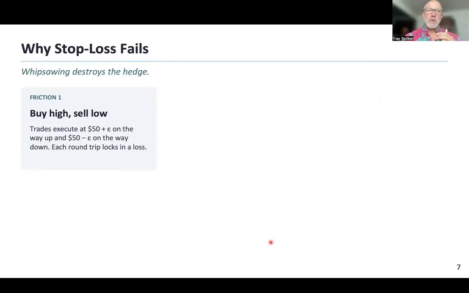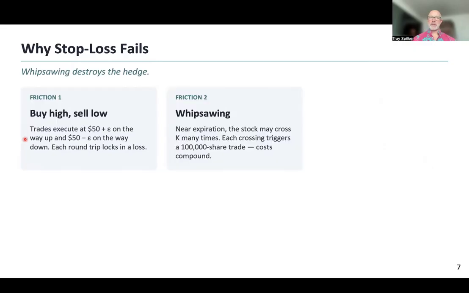We're typically executing at $50 plus some epsilon amount, 50 cents, 10 cents, 2 cents, whatever, times 100,000 shares on the way up. And the same thing when we're selling on the way down, the $50 threshold minus some epsilon, 10 cents, 20 cents, what have you. So each round trip locks in a loss. Even though that loss is epsilon small, it compounds over time, each time we do this.